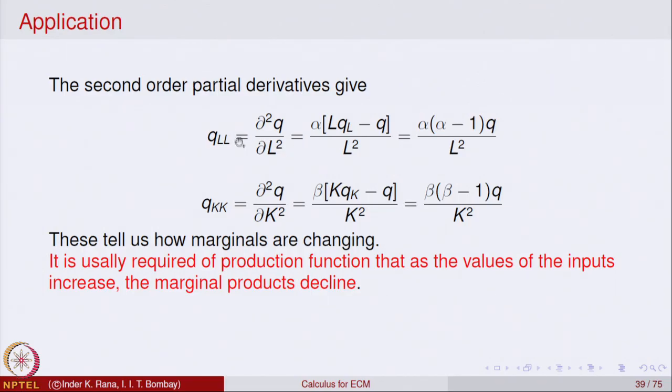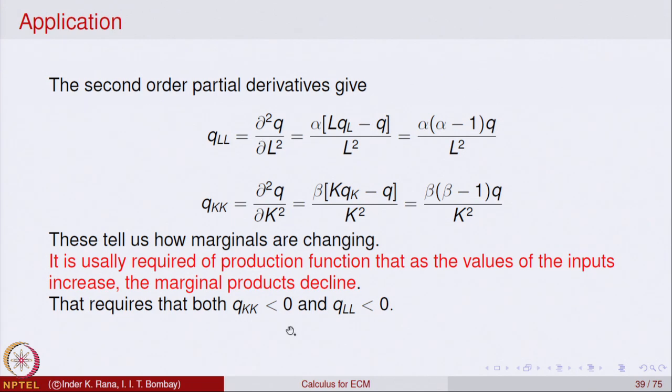That means we want Q_LL and Q_KK to be decreasing functions. For them to be decreasing functions, we should have alpha less than 1 and beta less than 1. These are the second order partial derivatives, the derivatives of the marginals.